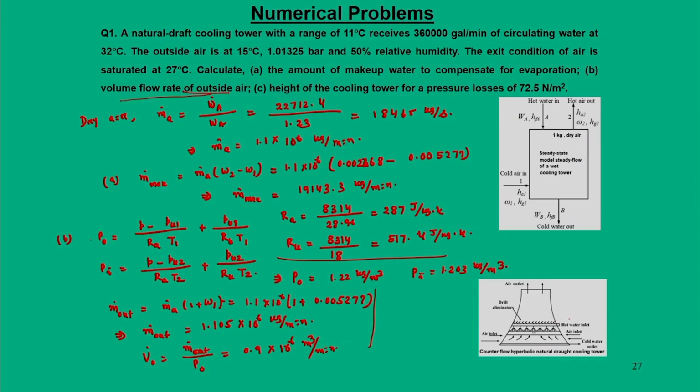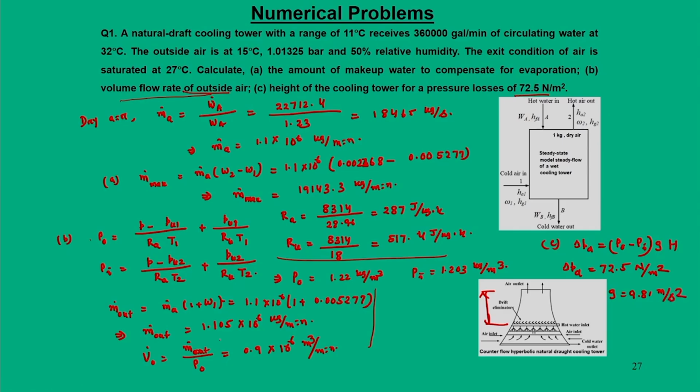And for the third part we have the pressure difference, that is delta PD is equal to rho O minus rho I into G times H. So, your height is this H, and delta PD is given as 72.5 Newton per meter square, G is 9.81 meter per second square.